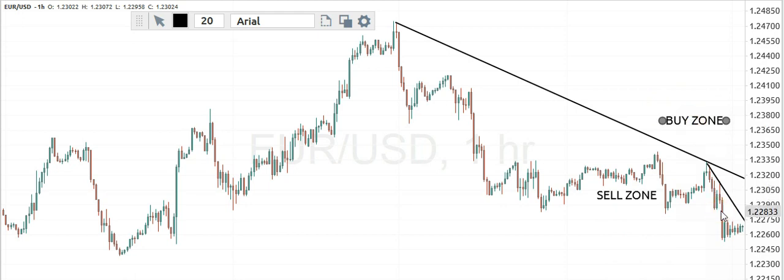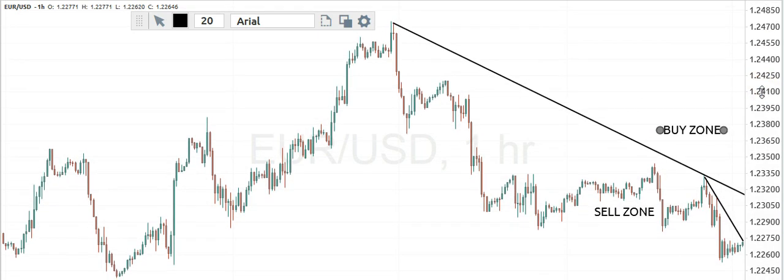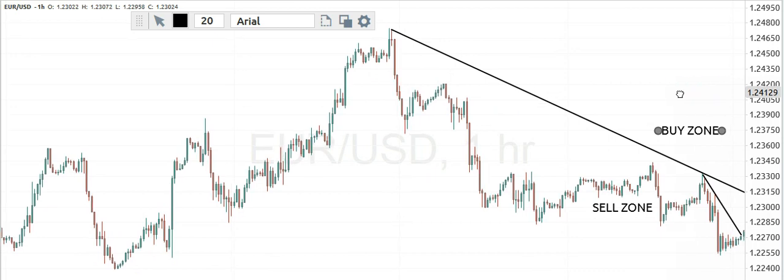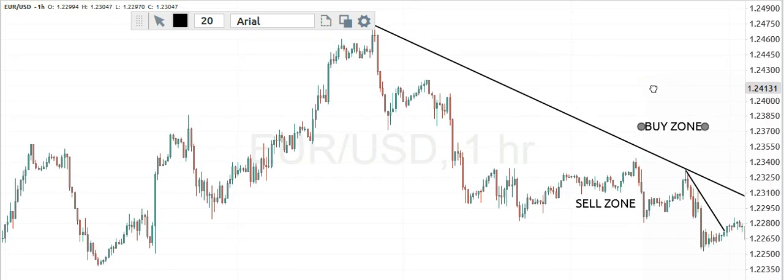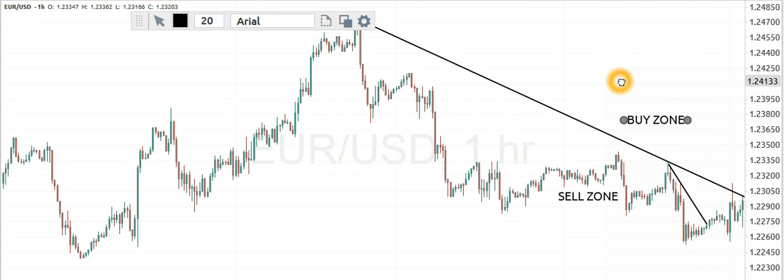Whenever the market breaks the inner trend line, that should tell you that the market may move further up, and so you want to be focusing on exiting your trade. So right here the market continues to remain in the sell zone.